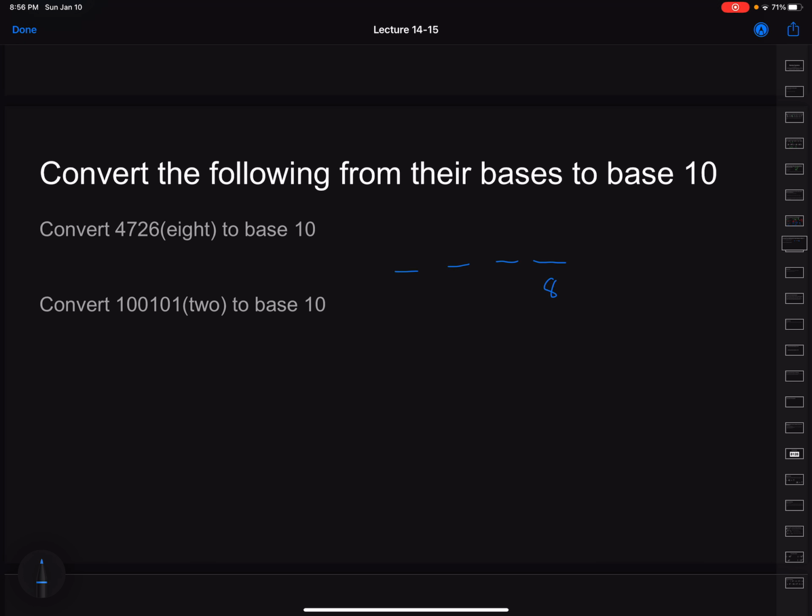We have 8 to the 0, or a 1, which is going to have the 6 in its place. 8 to the first, 8 squared, 8 to the third. And 8 to the third is 512, 8 squared is 64, 8 to the first is just an 8, and we have 4726. We just write our number above its corresponding base.